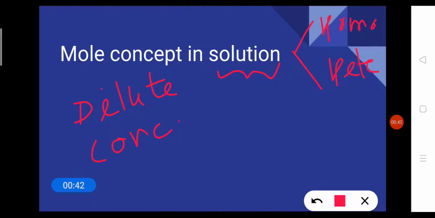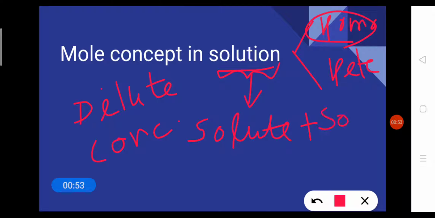In this class we will discuss homogeneous solution, which is a mixture of two things, one is solute and another one is solvent. Then what is solute and what is solvent? Solute is the substance which is present in smaller proportion in the solution.